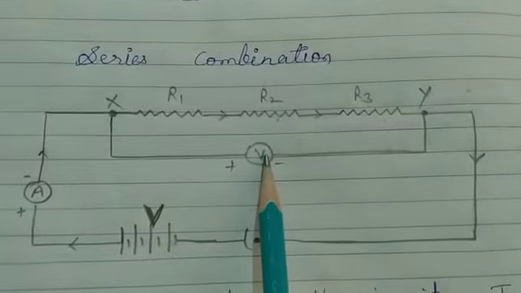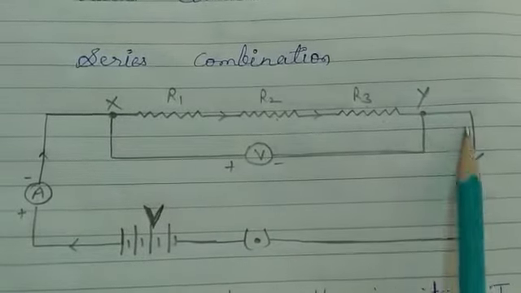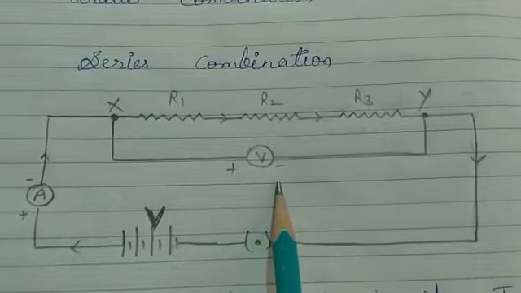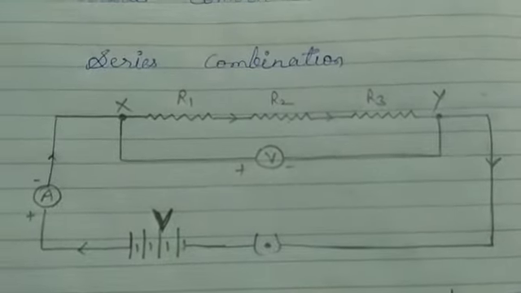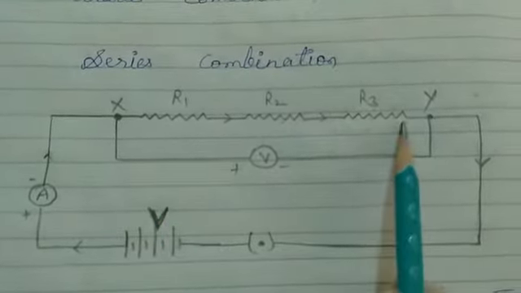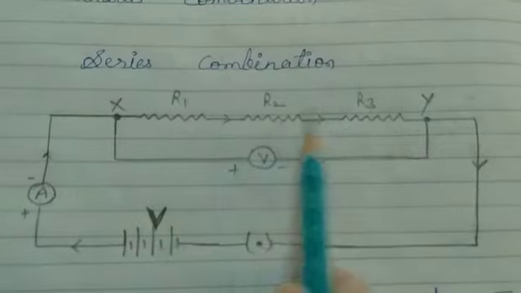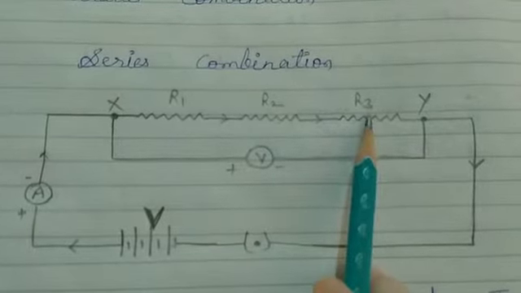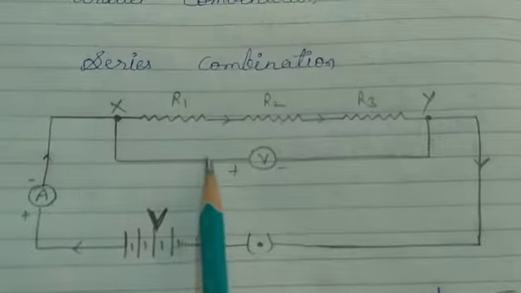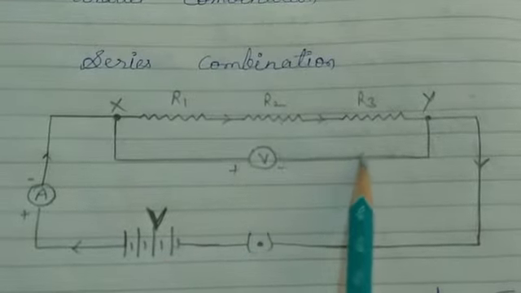But here the voltmeter is not connected in series; it will connect in parallel combination. X and Y are the ends of the series combination of resistors, and the voltmeter is connected in parallel with that.